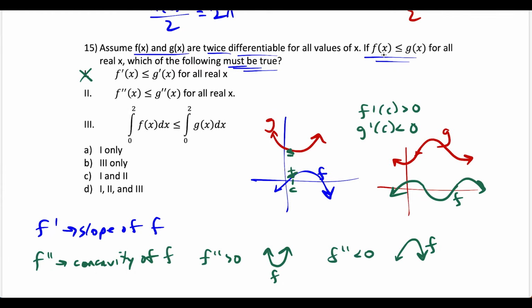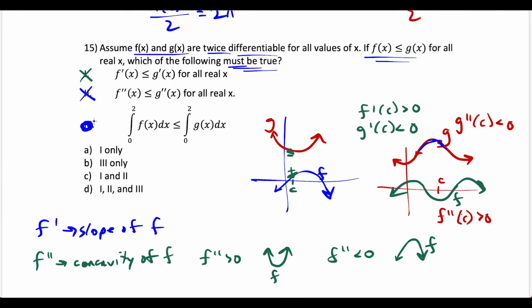The condition is satisfied here, f of x is less than or equal to g of x, but notice here at, let's say I call this point C, that I have f double prime of c is clearly greater than 0 because this portion of the graph is smiling. Whereas over here, we have g double prime of c is less than 0 because that portion of the graph, if we highlight it, is frowning at us. So this condition here is not necessarily true, but this one must be true.